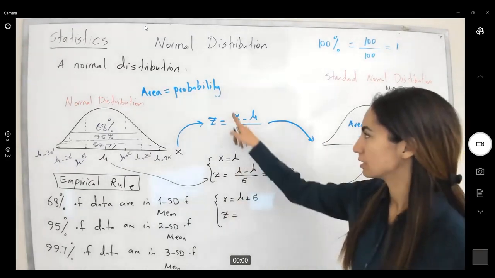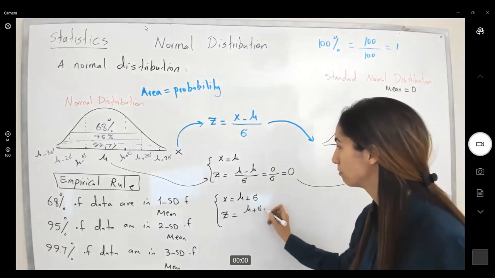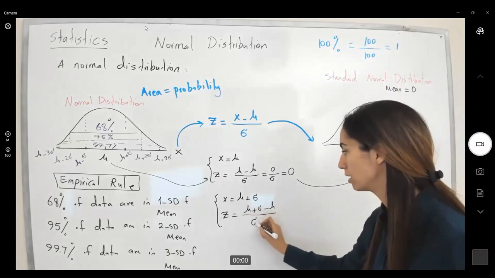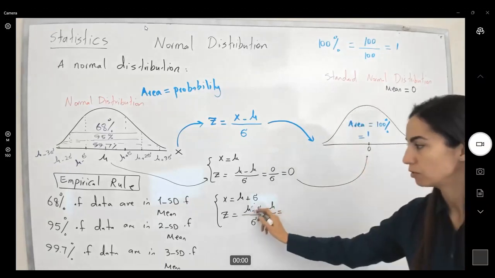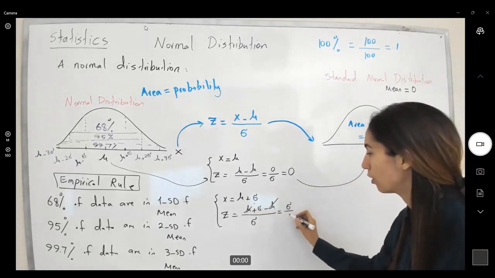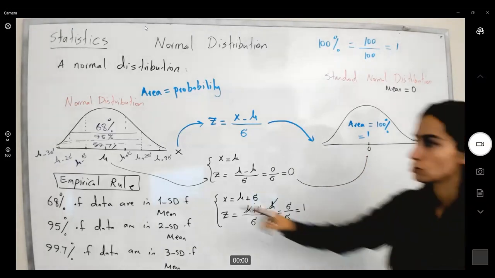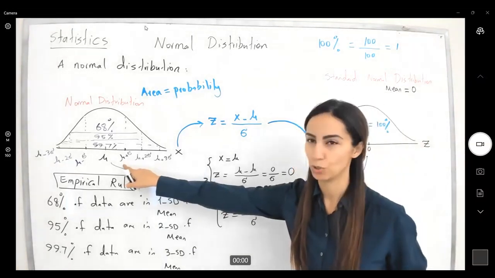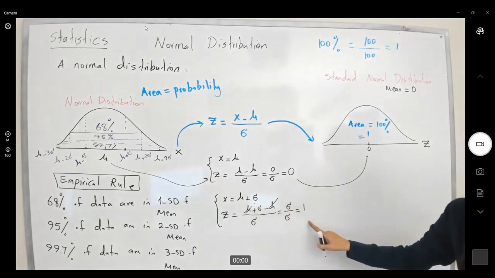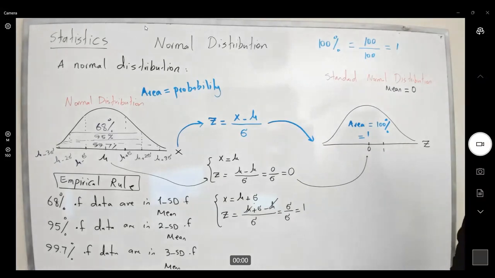Z is mu plus sigma minus mu, divided by sigma. Mu and minus mu cancel out. You get sigma divided by sigma, which equals 1. So this number, mu plus sigma, is nothing but z equals 1.